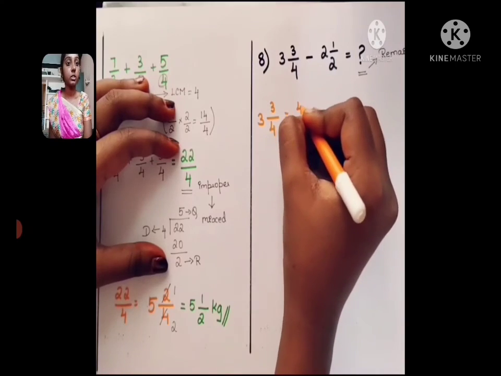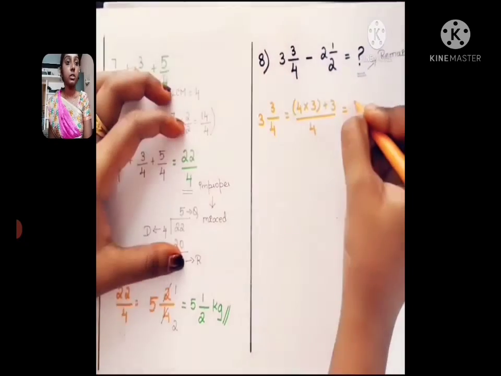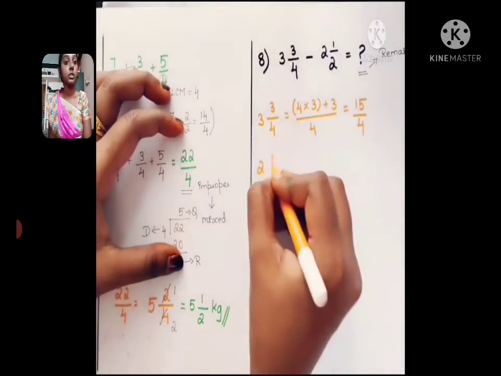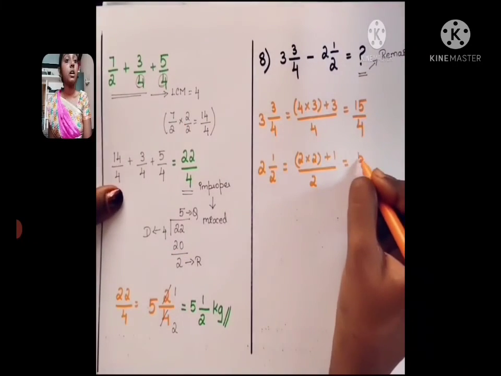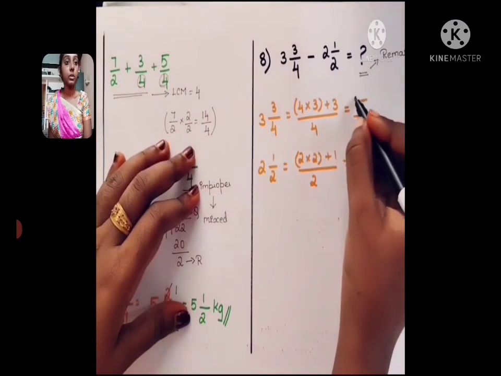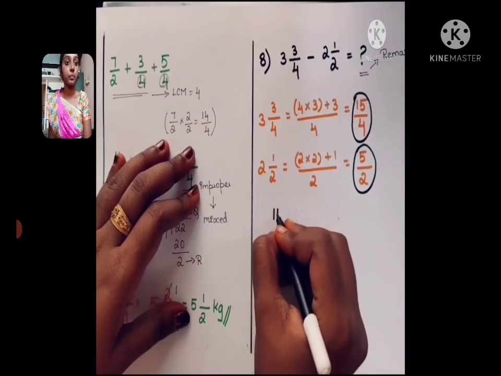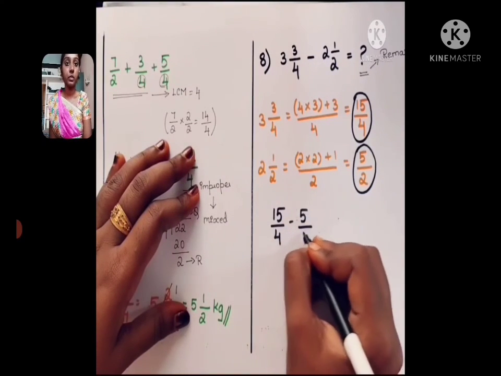Let us find an improper fraction for 3 by 4. We will get 15 by 4. And finding an improper fraction for 1 by 2, we will get 5 by 2. Now let us find the difference of these two improper fractions. That is 15 by 4 minus 5 by 2.